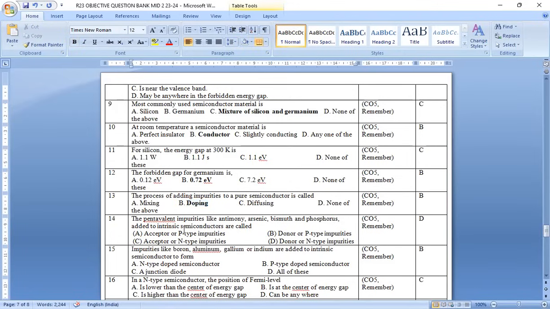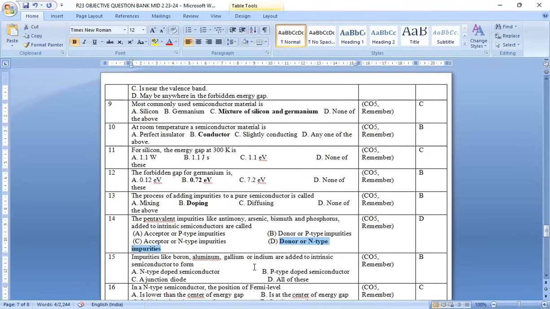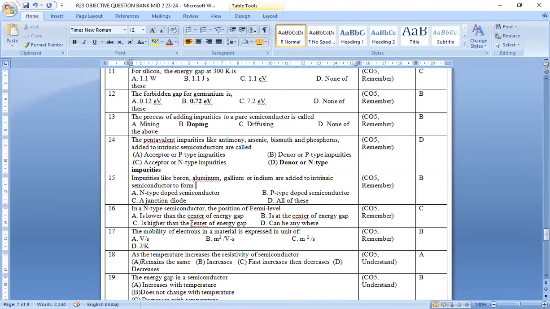The pentavalent impurities like antimony, arsenic, bismuth, and phosphorus added to intrinsic semiconductor are called option D, donor or N-type impurities. Impurities like boron, aluminum, gallium, indium are added to intrinsic semiconductor to form P-type doped semiconductor.